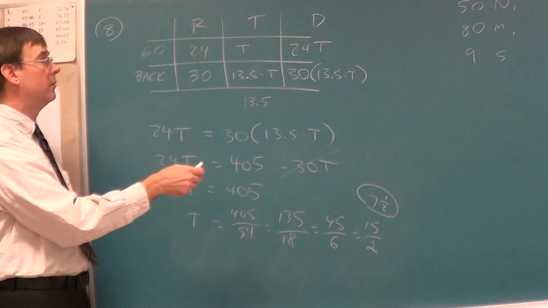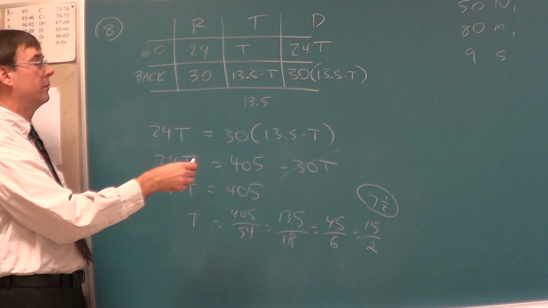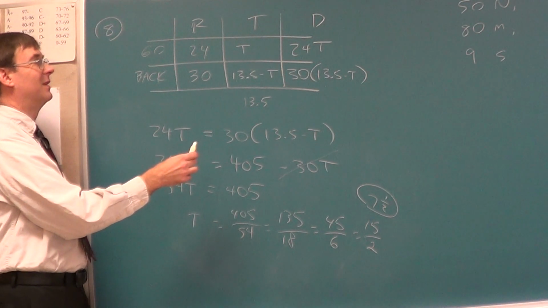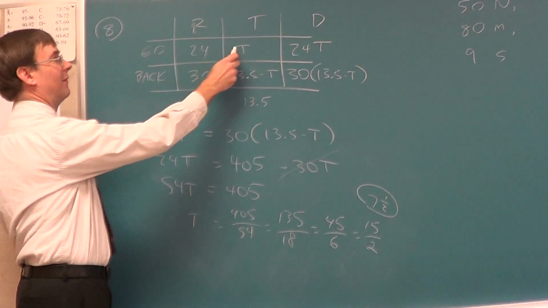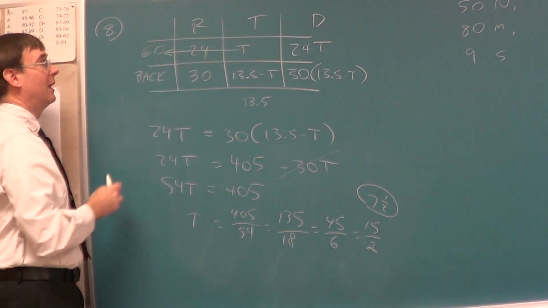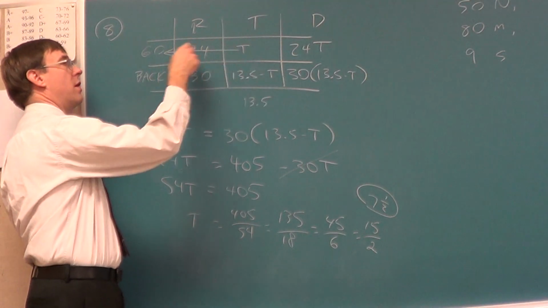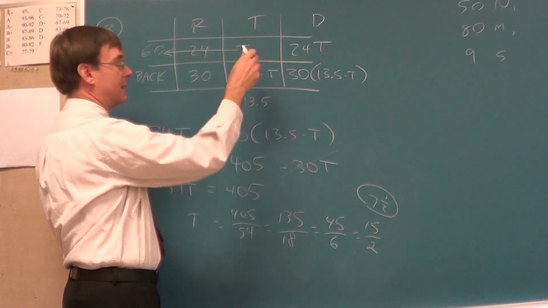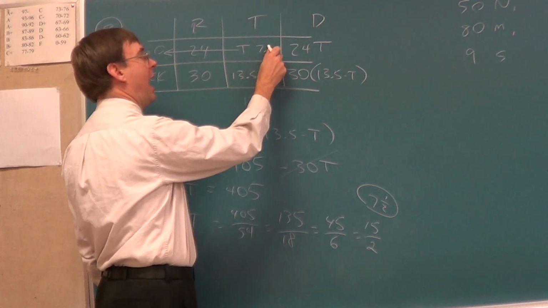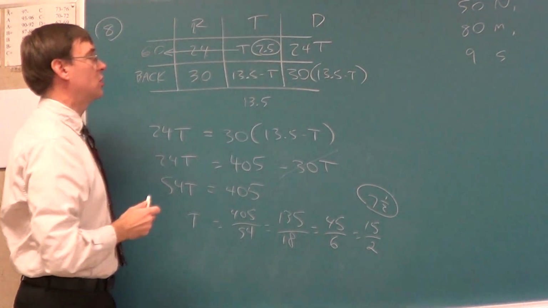That's a time. The time back. Time for each part. That's the time to go. Since the t is in the line in the chart of going, the t is the time to go. So 7.5 is the time it takes to go.